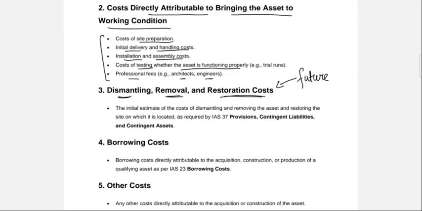These costs are going to be incurred in the future, but IAS 16 asks you to recognize those costs right now and add them to the cost of the asset. And this calculation of the cost is done under the standard of IAS 37 provision, contingent liabilities, and contingent assets. We are not going to be discussing the calculation of dismantling costs right now, but you must understand that these costs are going to be forming the part of the initial cost of the asset.